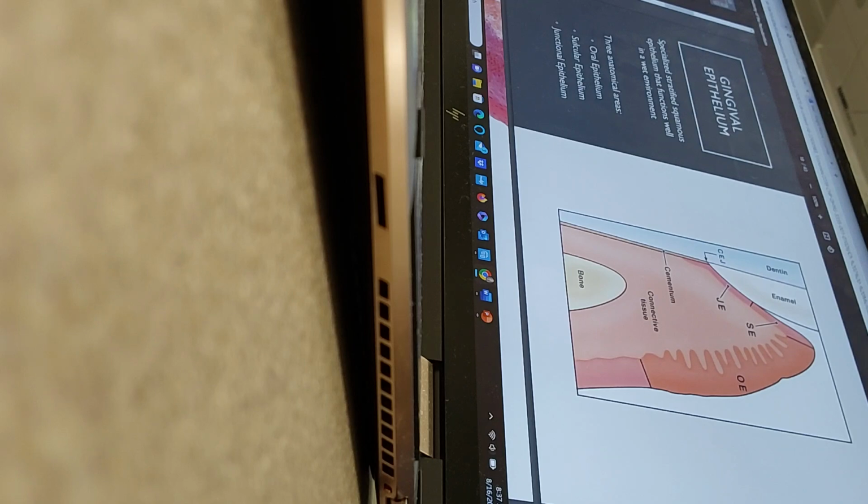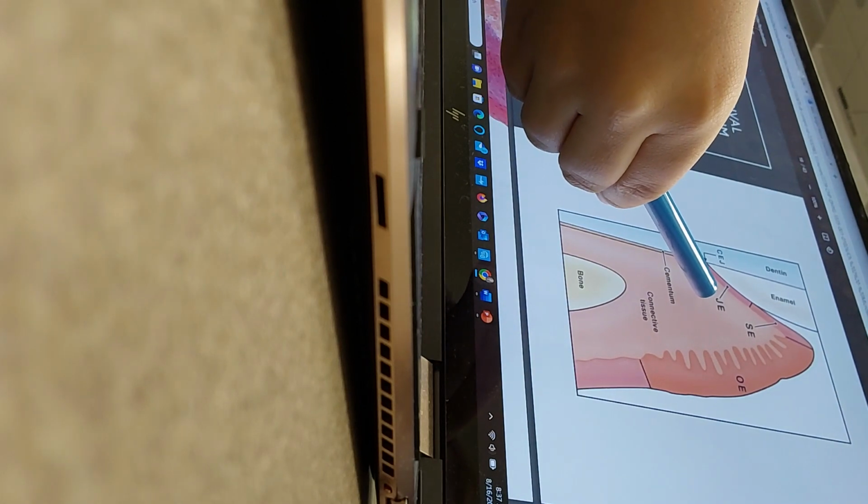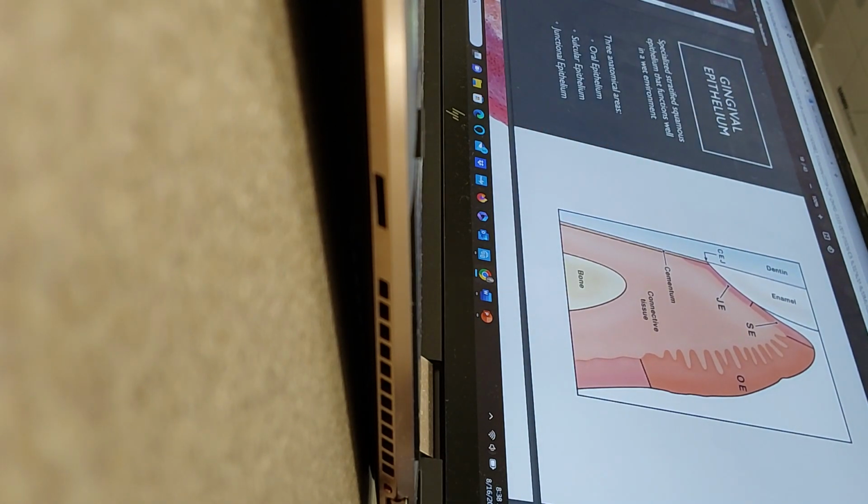We peek over, and this is the sulcular epithelium, junctional epithelium. Oral epithelium covers free gingiva and also some of the attached gingiva. The attached gingiva is still oral epithelium.